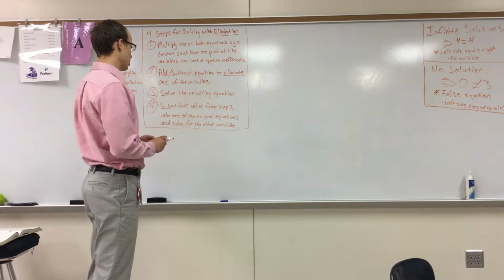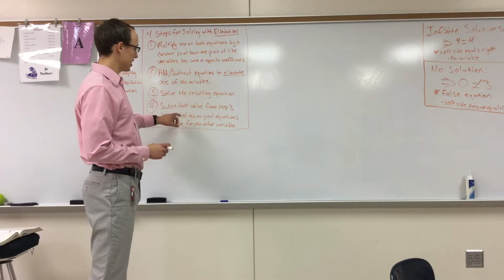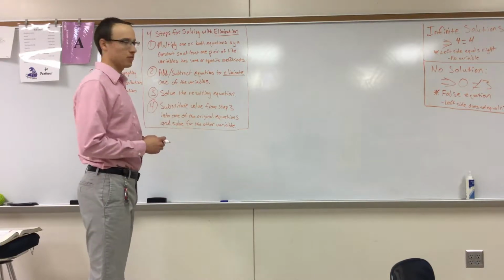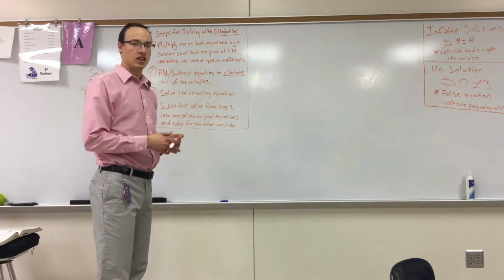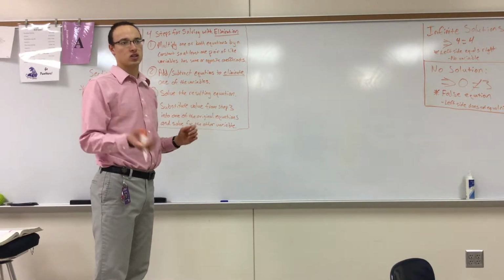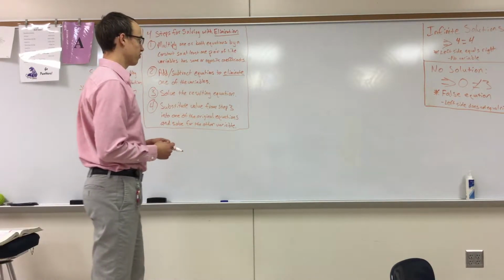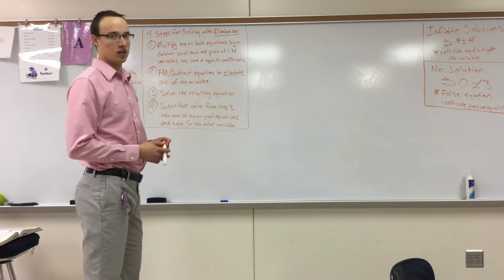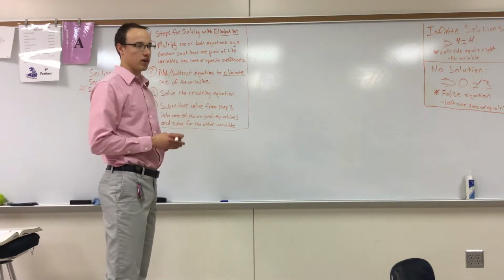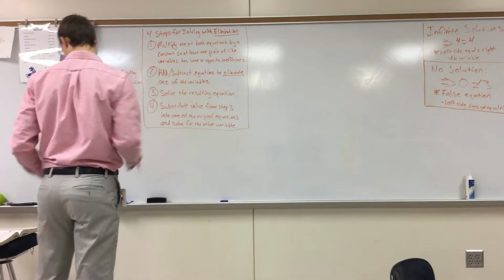And then when we know what one of the variables equals, we take that number from step 3 and replace it with its respective variable in one of the original equations, plug it in and solve for that second variable. Then we'll have the answer that we need, that coordinate, that x and y value, for the solution of this system.